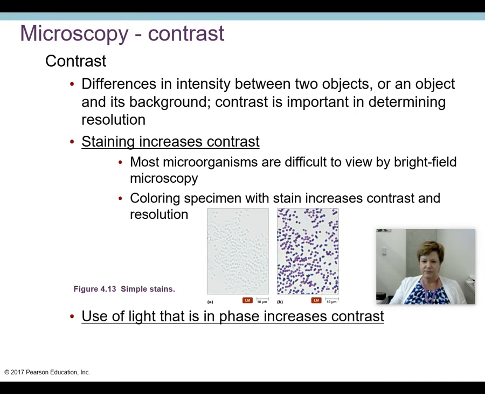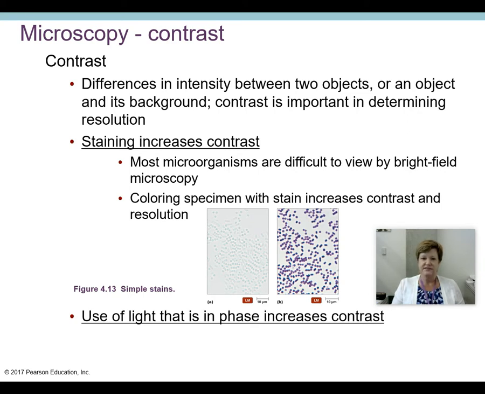All right. And so we say that stain increases contrast. You can also use your phase setting on your microscope, and that gives you better contrast typically. So a combination of stain and phase can be used, but phase can be used without stain.